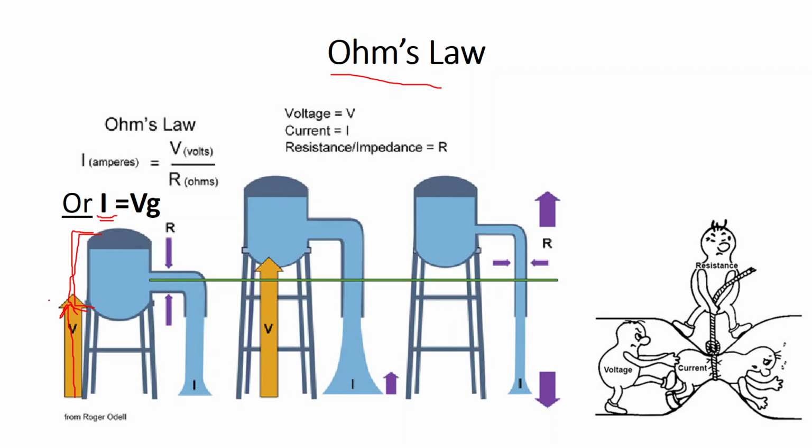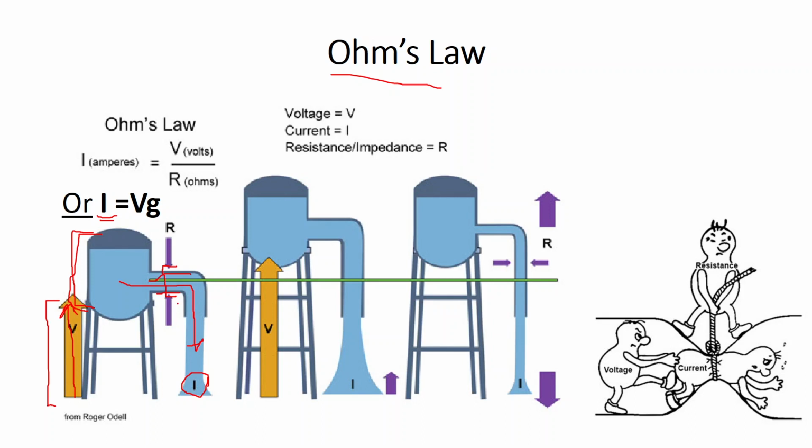So this can be representing voltage. Now you can see here we have an opening, where the flow of water, in this example, can represent current. And so the size of the pipe or the opening would represent conductance or resistance.